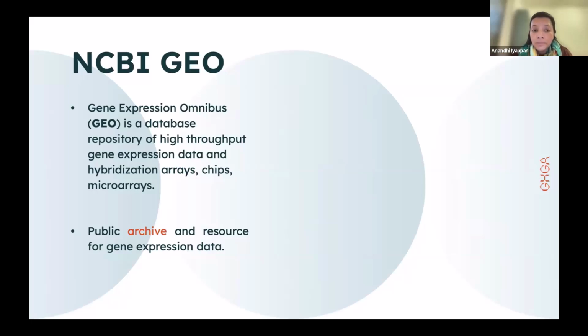The Gene Expression Omnibus is a database repository that is used highly for analyzing data sets related to gene expression. Chip-based experiments and assay-based experimental data were submitted to NCBI GEO. It was also one of the most popular publicly available archives for storing and using gene expression data.